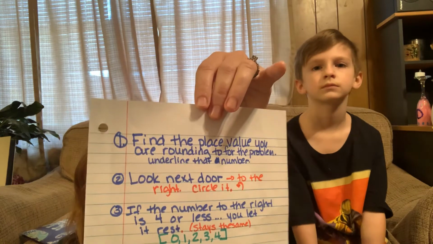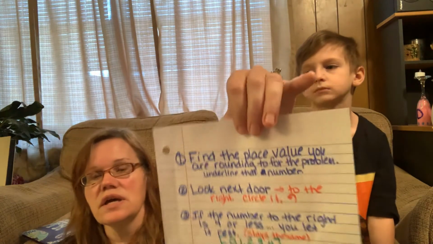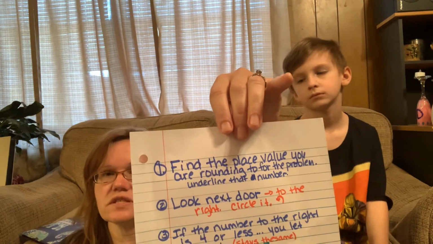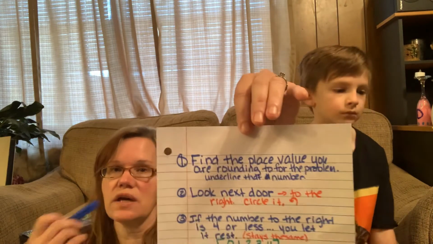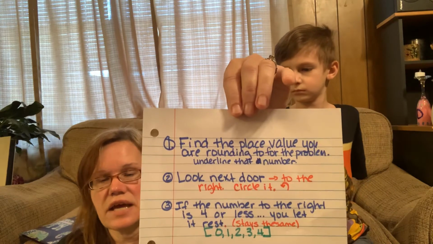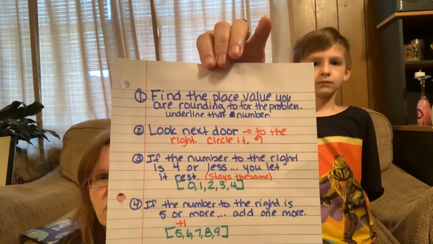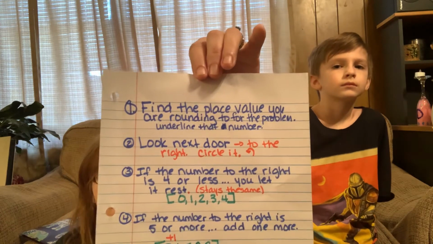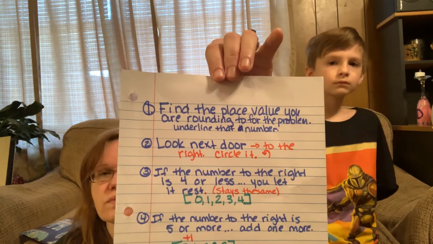Then we're going to decide that if the number to the right, the one that I circled, is 4 or less, we're going to let it rest. So if it's a 0, 1, 2, 3, or 4, we're going to let the number we underlined rest, meaning we're going to let it stay the same, okay? But if the number that I circled, the one to the right of the one we're looking to round, is 5 or more, we're going to add one more.